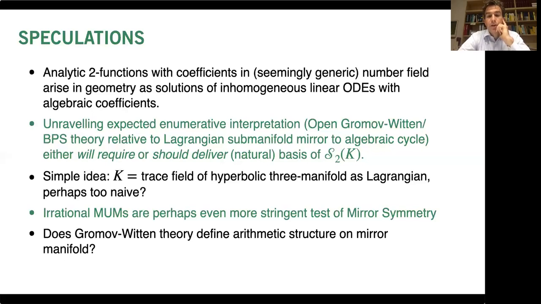There is a sense in which, if you have a mirror, these Gromov-Witten invariants select for you at least some kind of rational structure on the mirror manifold. I don't know if this makes total sense, but it's just a question; maybe others have comments about this.